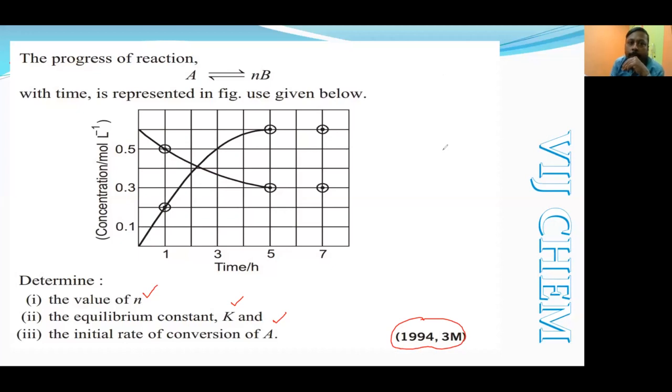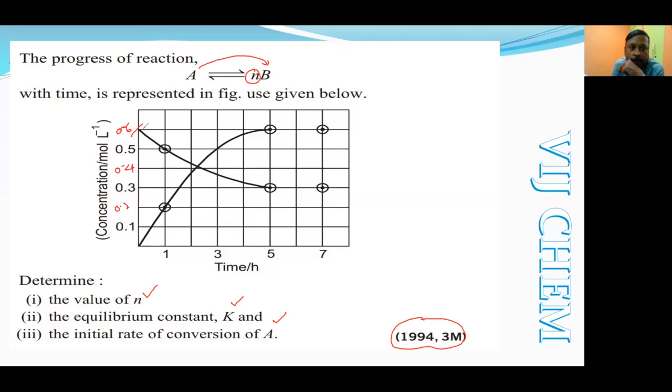This is better for those people who can study the graph, who can observe the graph. See here, the number of times the concentration of B increases with the rate of consumption of A. If you check here, this is 0.6, this is 0.4, this is 0.2.